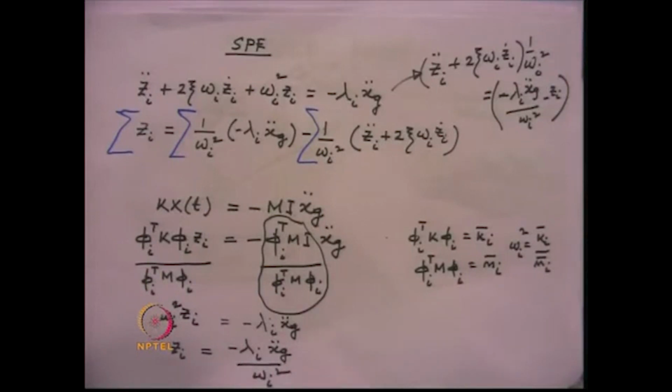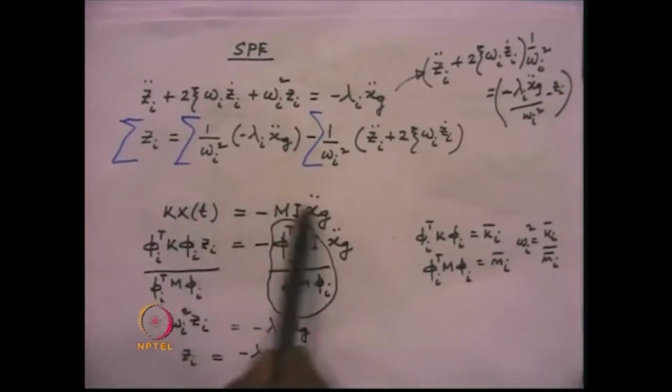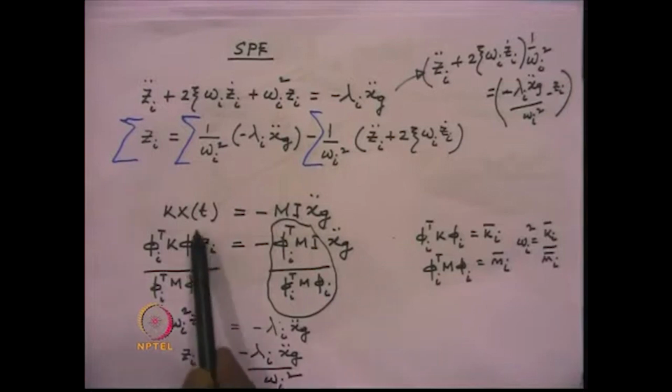So, if I perform a quasi-static analysis for this system, then the first mode shape will have a contribution to this quasi-static response, which can be described by minus lambda I x double dot g divided by omega I square.